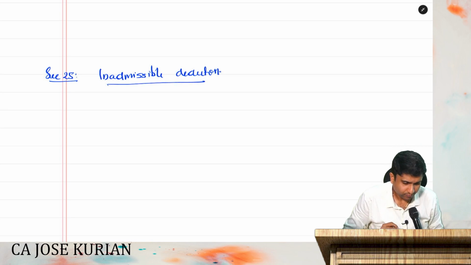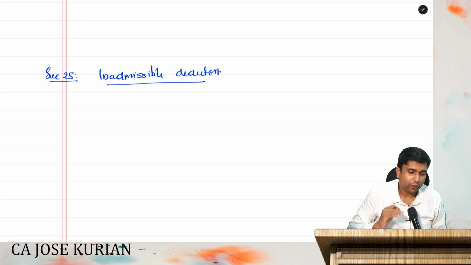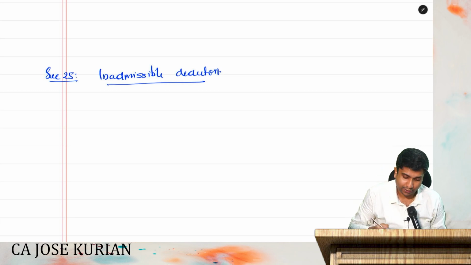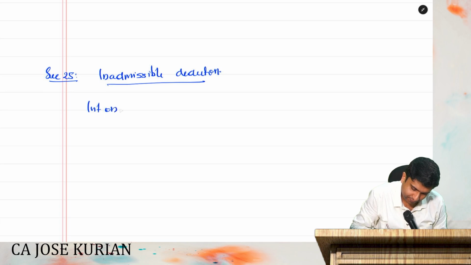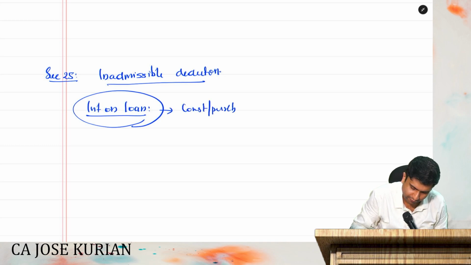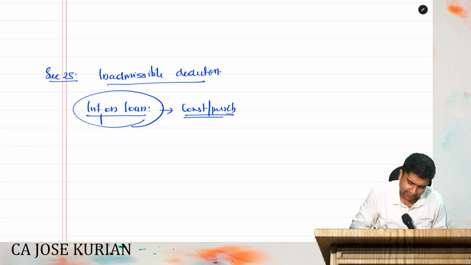Listen. Say for example, you have interest on loan which you have taken for construction or purchase of house property. Then this interest is allowed as a deduction under section 24B.